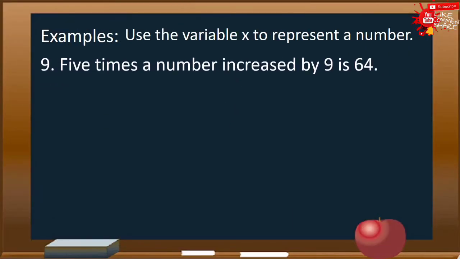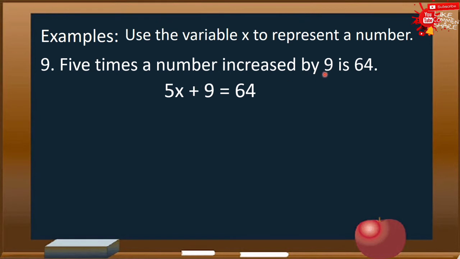Now let us have our ninth example. So we have here 5 times a number increased by 9 is 64. So we have here 5 times a number. We don't have a particular value for a number, so we represent it as a variable x. So 5 times a number will be 5x. Then we have the word increased by, so we will use the plus sign.